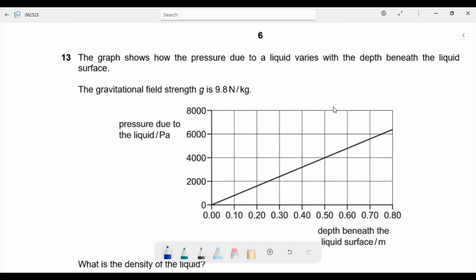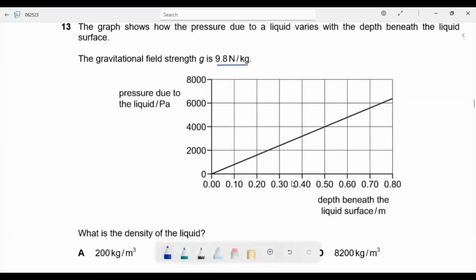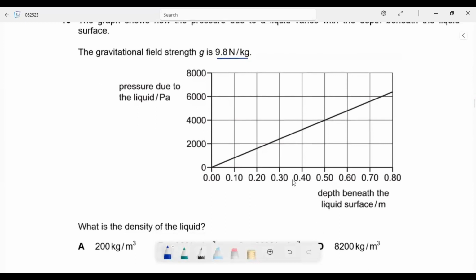The graph shows how the pressure due to a liquid varies with depth beneath the liquid surface. The gravitational field strength is 9.8 newton per kg. What is the density of the liquid? By the hydrostatic equation, the pressure can be written as rho g h.